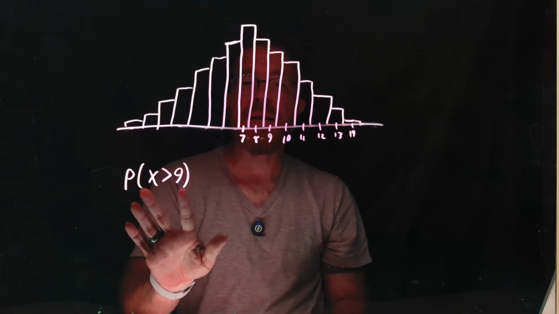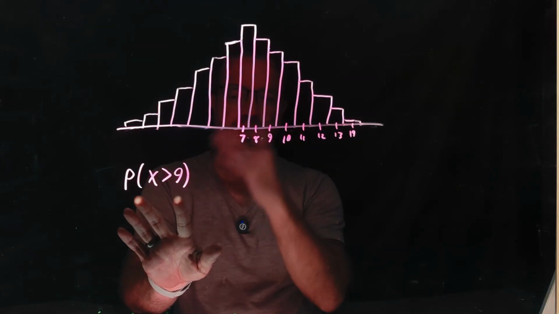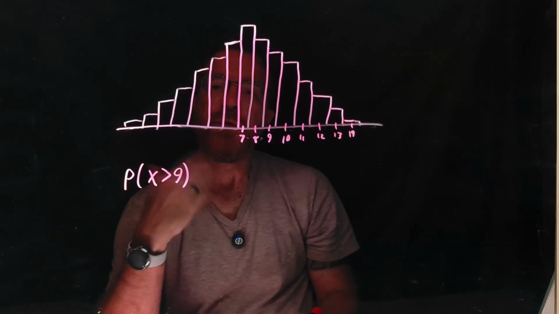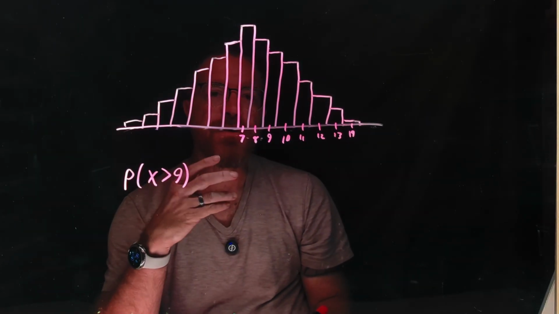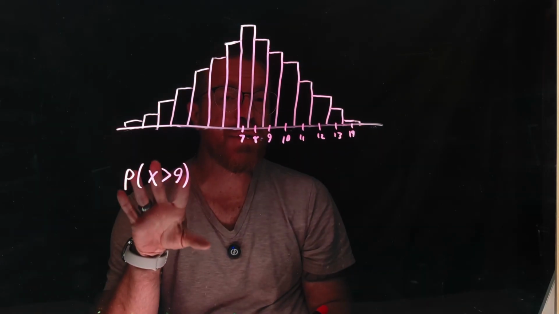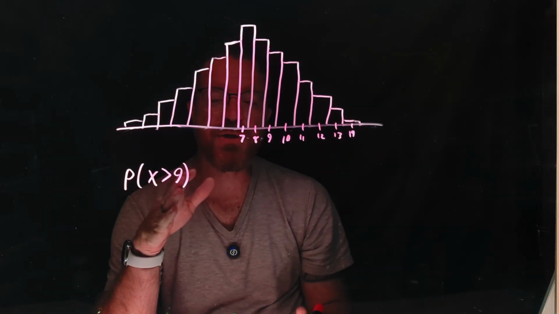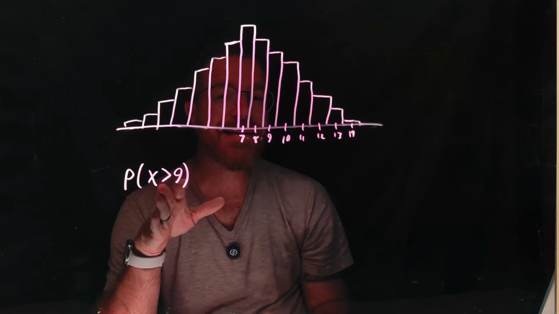For a binomial probability, if I said the probability x is greater than 9, the first thing we have to do is get it in terms of greater than or equal to. Because remember, this is in the discrete space, meaning that there's nothing between, and 9 is not included.